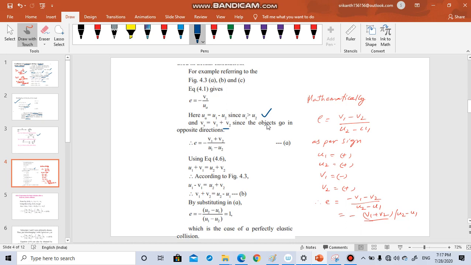Here an assumption has been made that u1 is greater than u2.